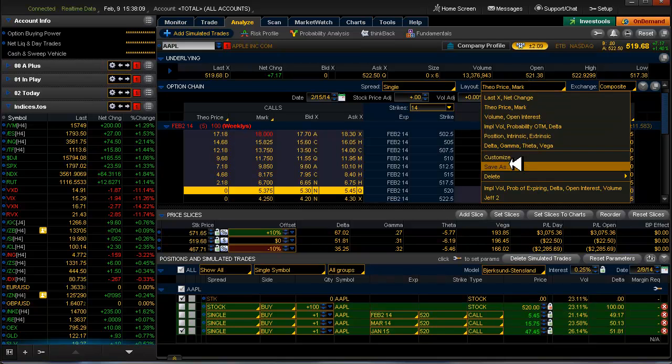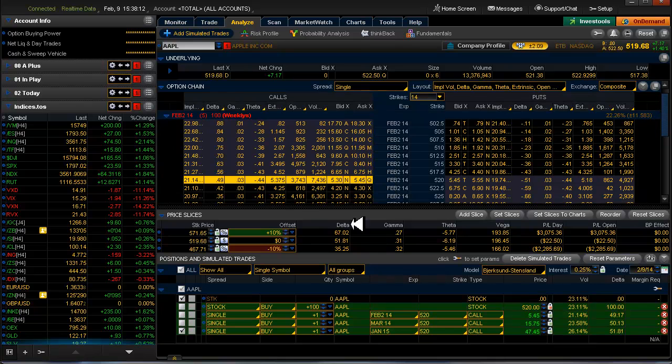I'll go back here to what I typically look at. So the further away from expiration, the less time decay you have, but the more you pay for it. These are all at the 520 strike, and it starts out at 545 for next Friday. The regular March expiration is 1575, and the January LEAP is 47.45.